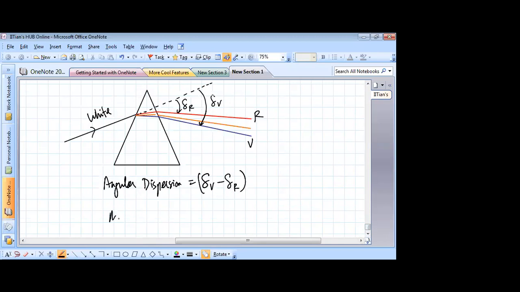And we define mean dispersion as this, or you can write it as approximately this.